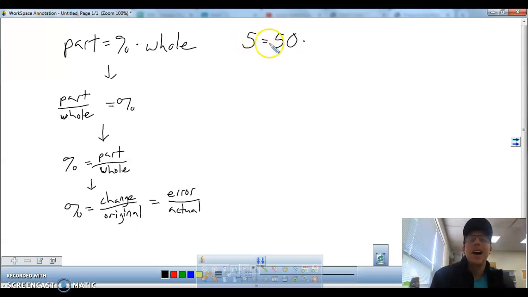So this is 5 is 50% of what number? Well, 5 is 50% of 10, right? The whole number is 10. The whole 100% is 10. 50% of 10 is that part, which is 5.